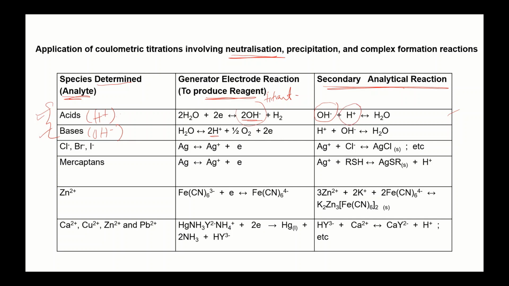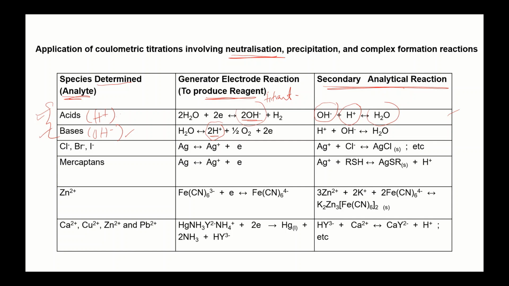So this is the analyte. So it will become neutral, okay, water. So if you want to determine base, hydroxide ion, in your sample, what is the reagent to react with the analyte? The reagent is H plus, the acid, okay, the proton.